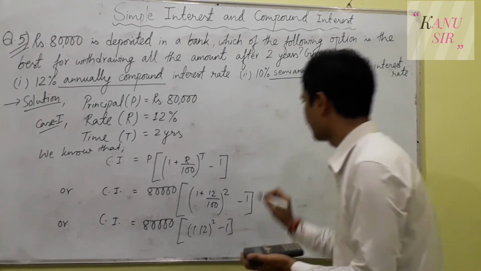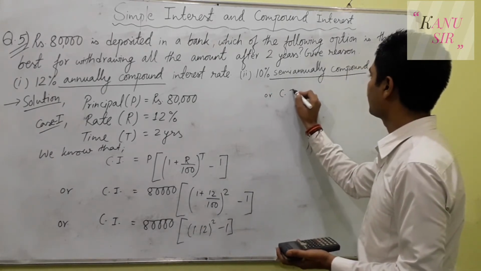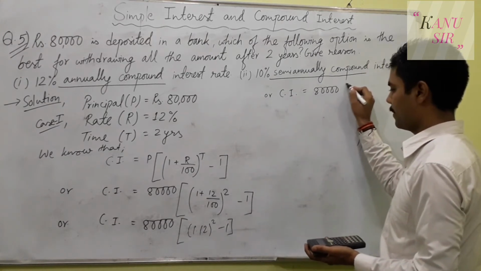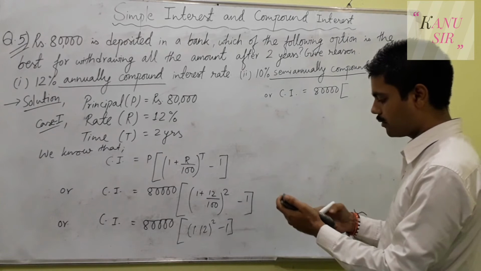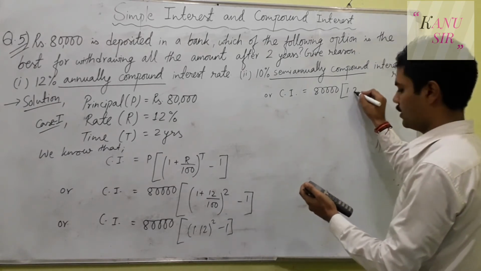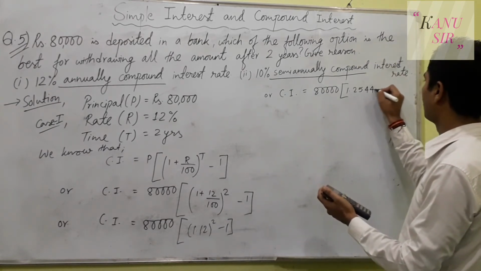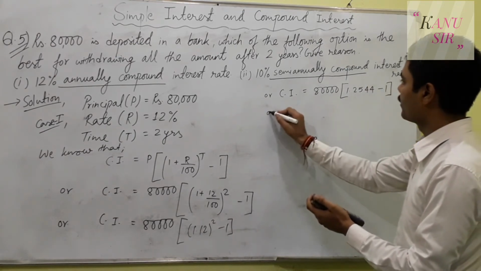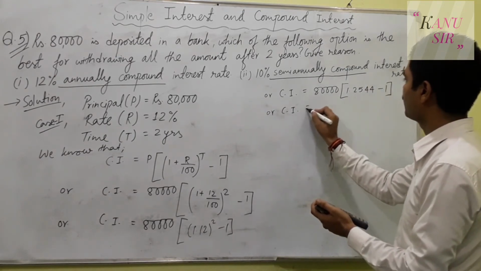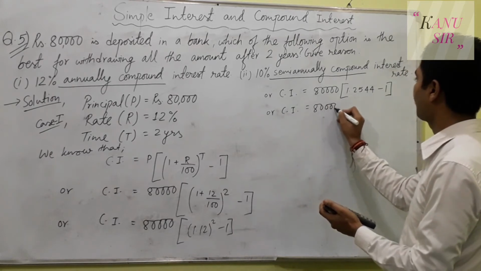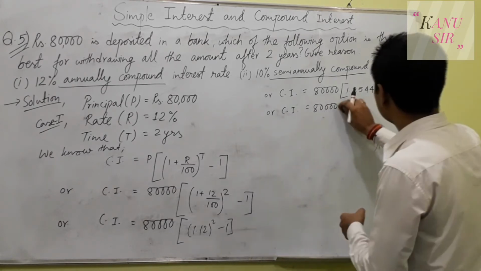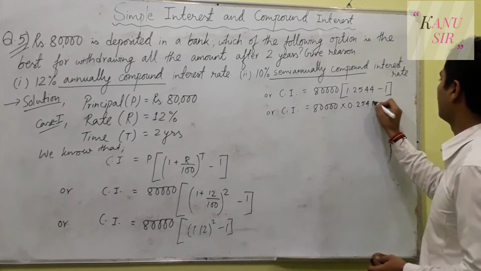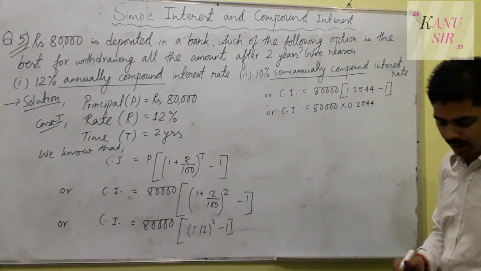Minus 1, so compound interest equals 80,000 times bracket 1.12 squared is 1.2544 minus 1. We'll get compound interest equals 80,000 into 0.2544, multiplied by 80,000.